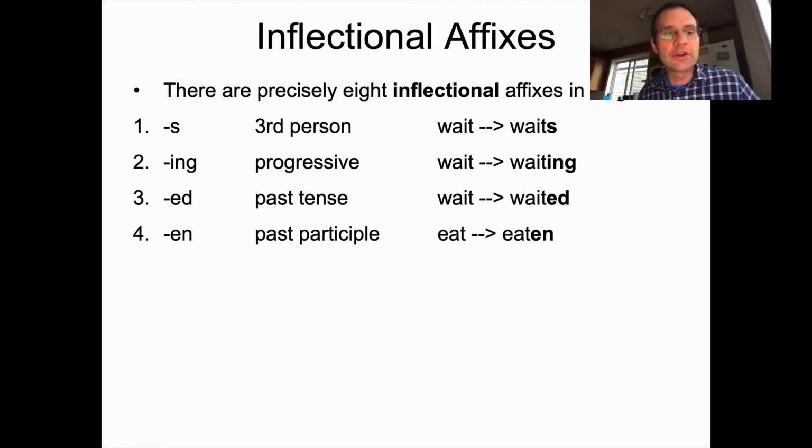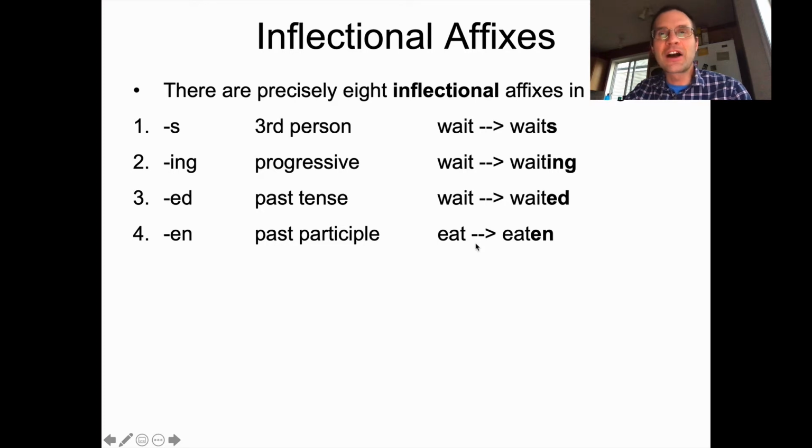And then there is also, for some verbs, the past participle suffix en. So I eat, you eat, she has eaten. Or the cake was eaten by the group at the party, what have you. This is kind of similar to the ed suffix in that it indicates something that happened in the past.